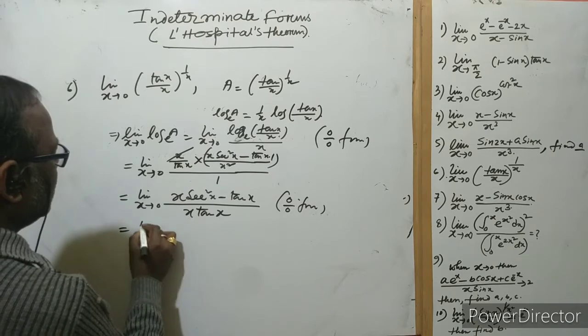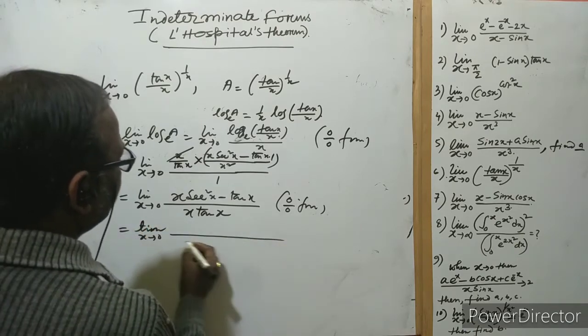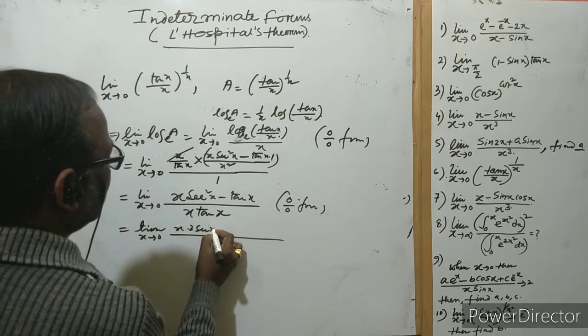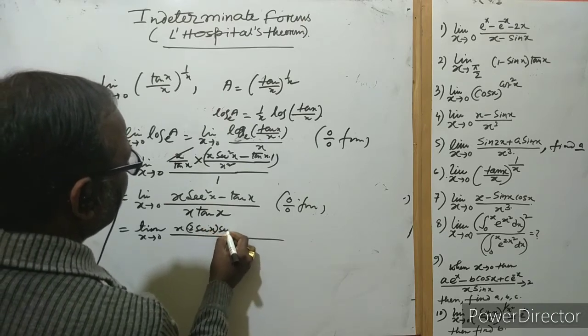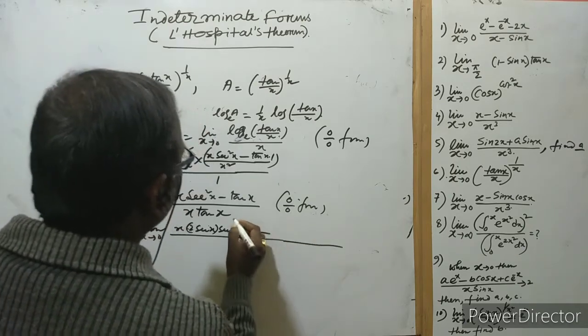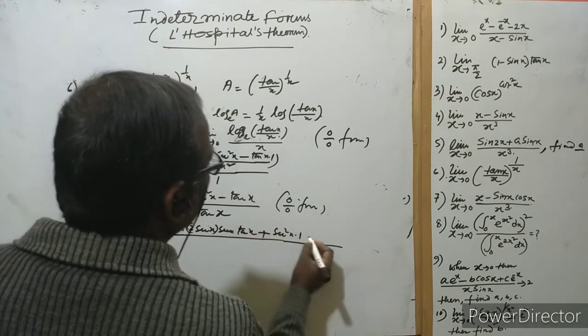Limit x tends to 0. Sorry, x times 2 sec x, and derivative of sec x is sec x tan x. Okay, plus sec square x, the derivative of x is 1.